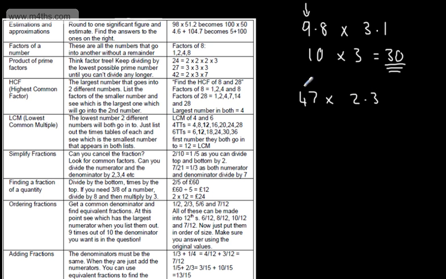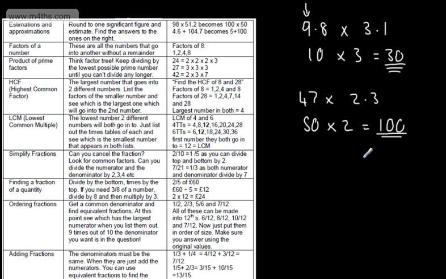So to one significant figure, I've got a choice of 40 or 50. I'm going to take 50 as the 7 is greater than 5. And to one significant figure, this is either 2 or 3. The answer is going to be 2 as 3 is going to be less than 5. So an approximation is going to be 100.